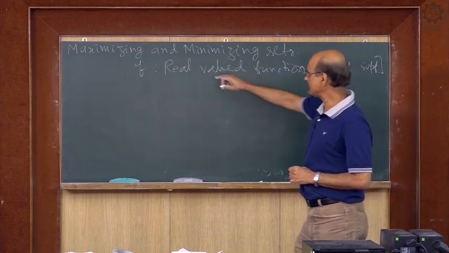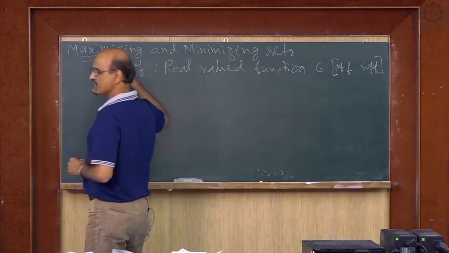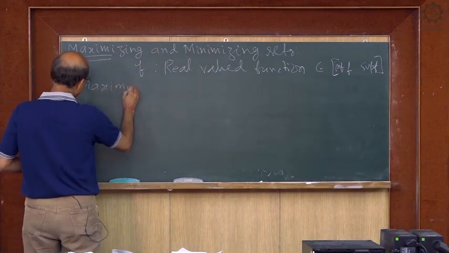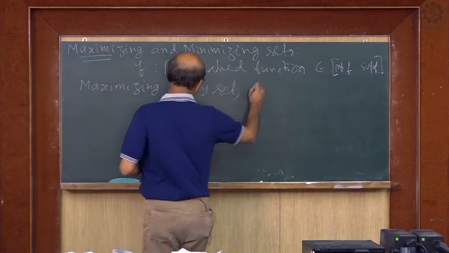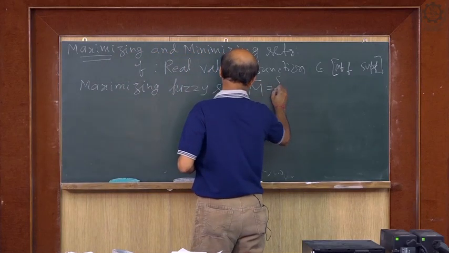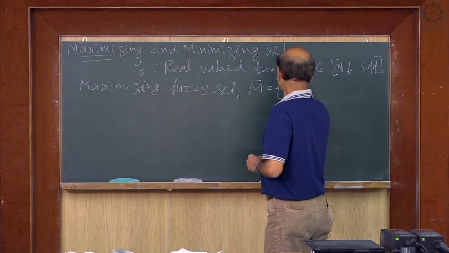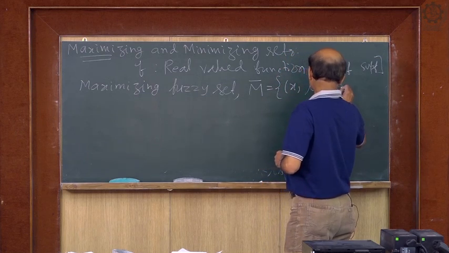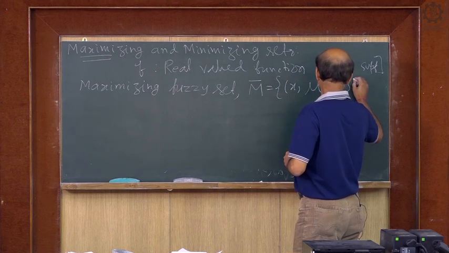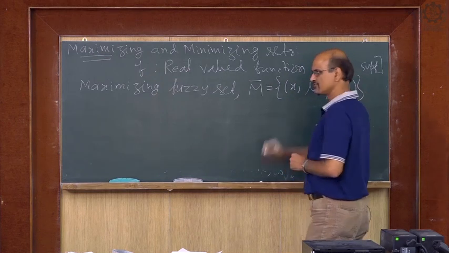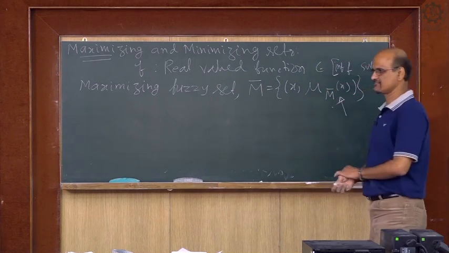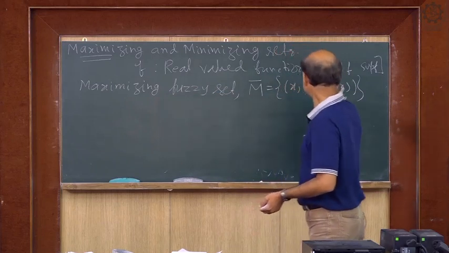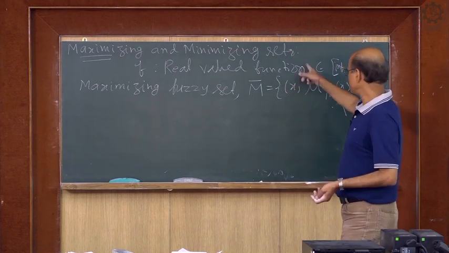So from here I can define a maximizing fuzzy set. Suppose I call this m bar, and this will be your x, always with some membership function of x. In all the fuzzy set theory we have read, x is in the domain.